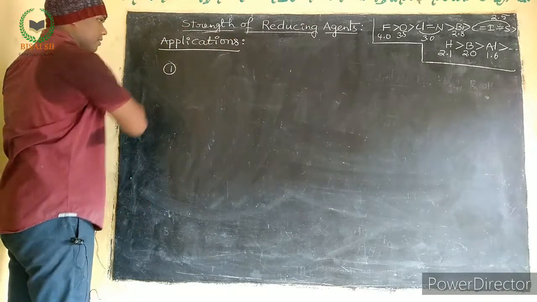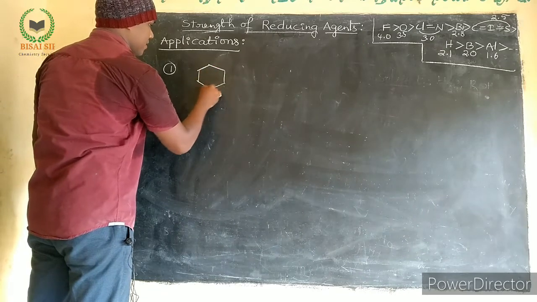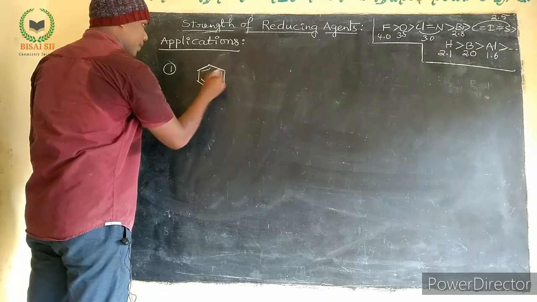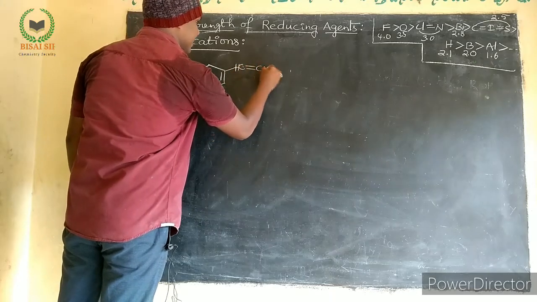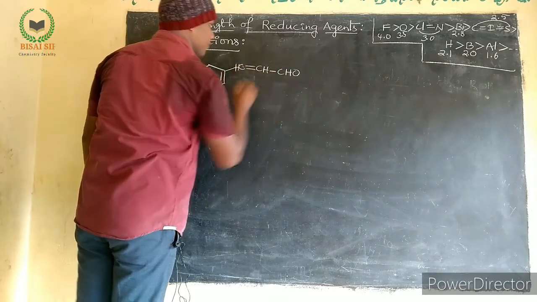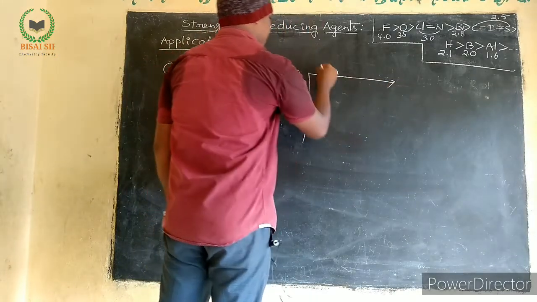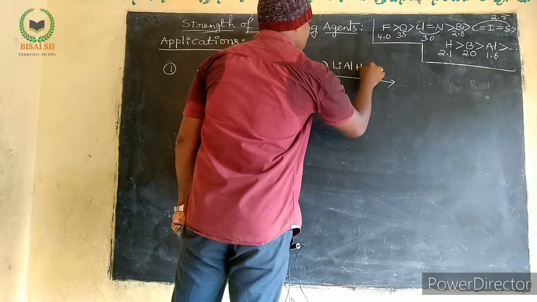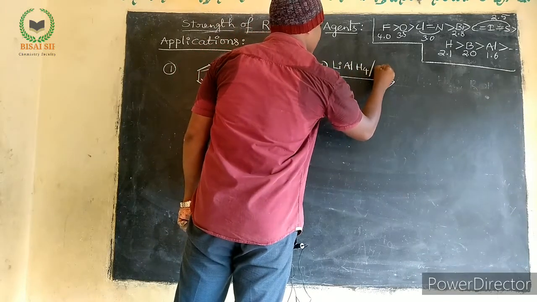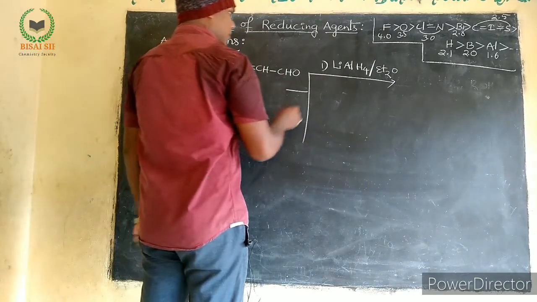The first application: if I am taking benzene with CH double bond CH, CHO, for this we use LiAlH4 with diethyl ether, correct?